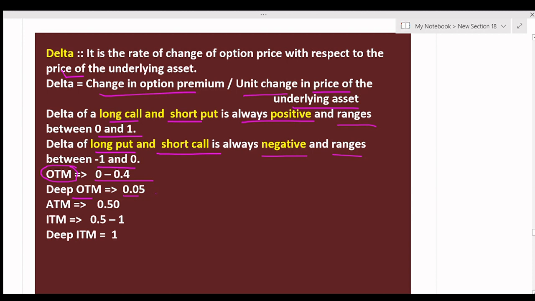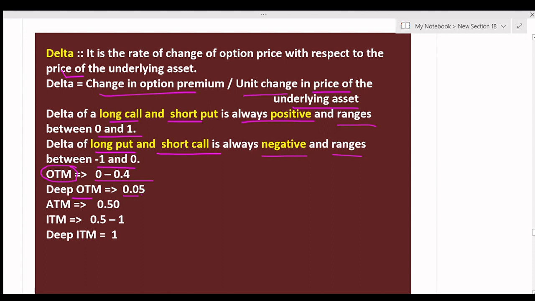When the strike price of a call buyer is significantly above the current price of the underlying asset, or where the strike price of a put buyer is significantly lower than the current price of the underlying asset, then the situation is called OTM.